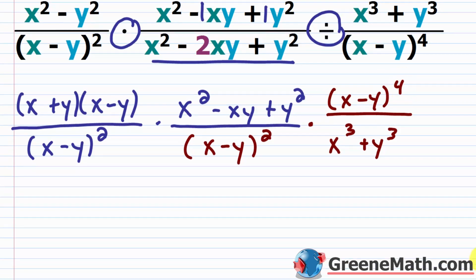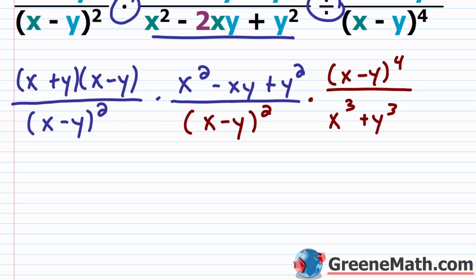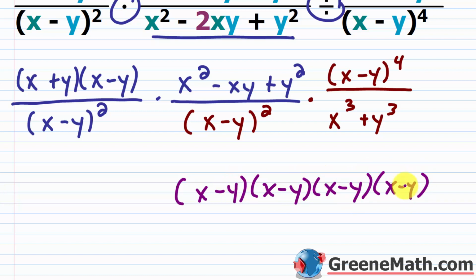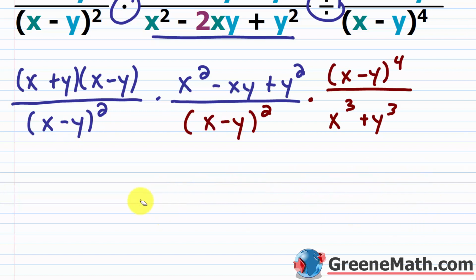So we're going to be able to cancel some stuff right now. That's going to give me some space. So you'll see here that you have x minus y, this quantity squared, basically multiplied by x minus y, this quantity squared. So you could write this out as x minus y times x minus y times x minus y times x minus y, okay? And you could write this out as the same thing. Realize your rules of exponents. You have the same base here. This is your base, okay?